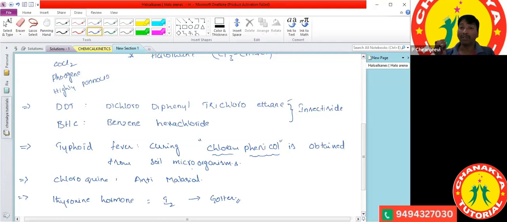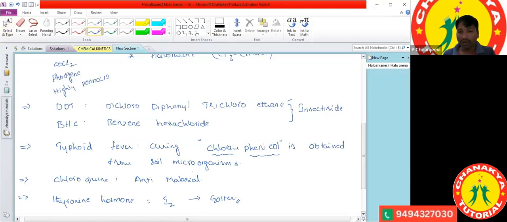At the same time, halogen containing compounds are used as a starting material to synthesize a large number of organic compounds. Got the clarity here? Then next, this is just about the introduction.